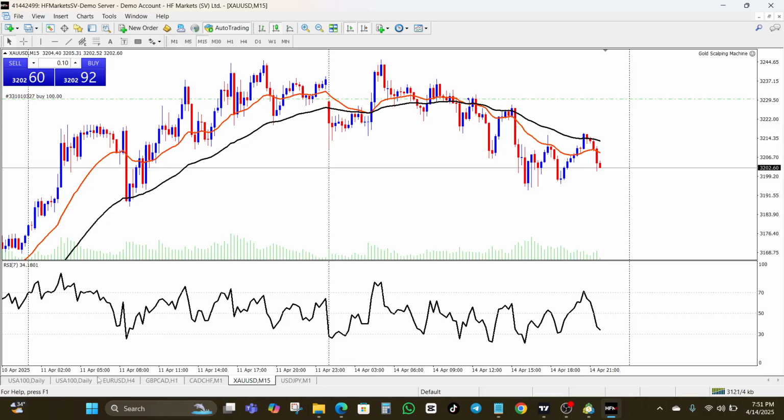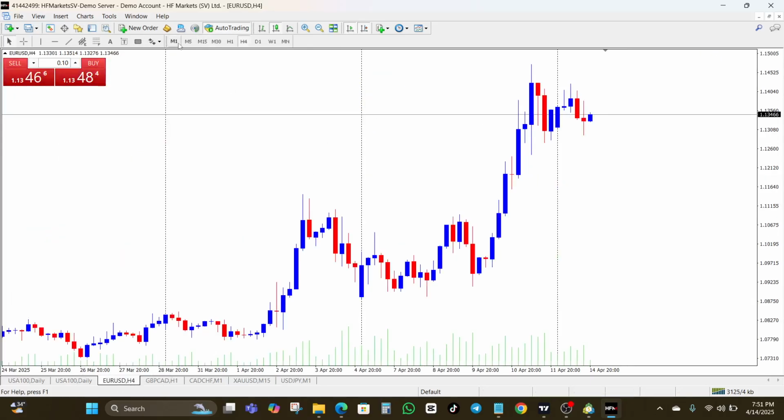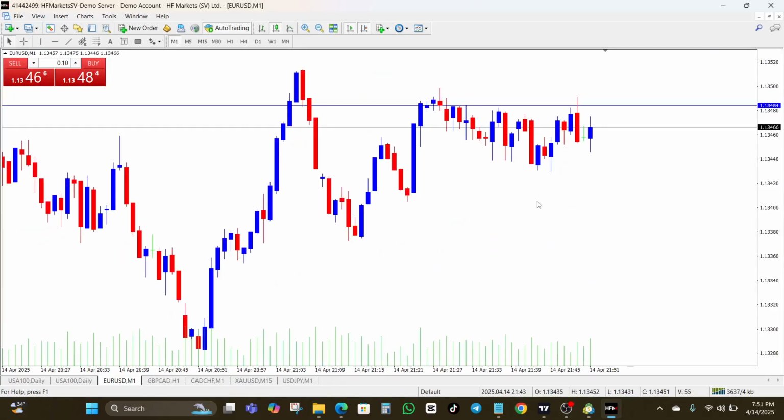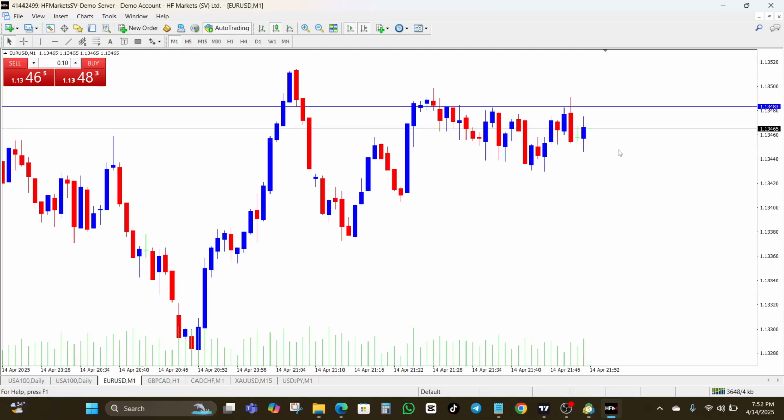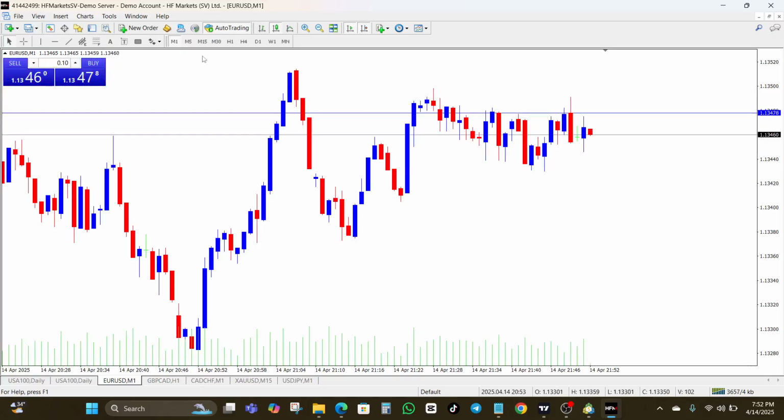Let's go to a clean chart. Now, if EUR/USD, for example, should move from 1.13, let's use a round number to make the calculation easier.